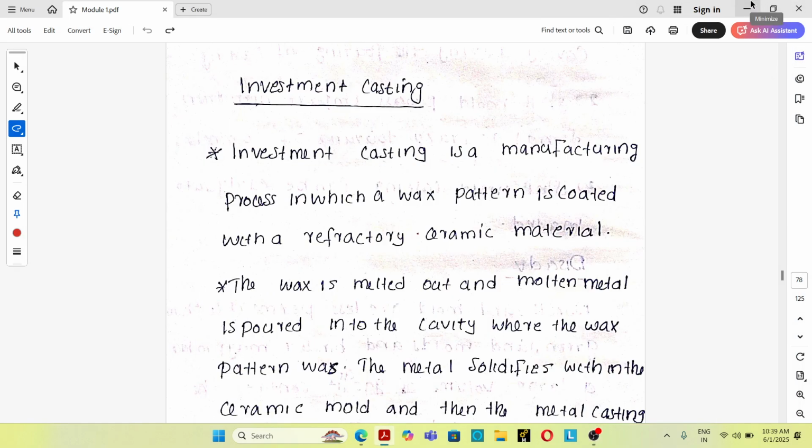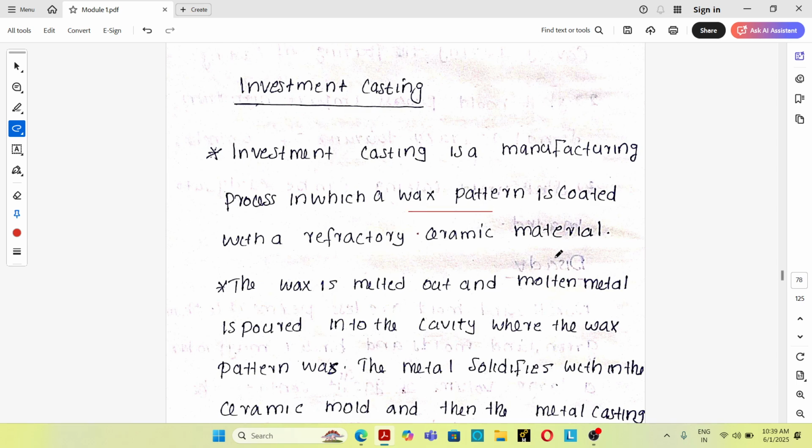In this video, I am going to discuss the investment casting process. The investment casting process is also known as the lost wax process. The main characteristic of the investment casting process is that a wax pattern is used for making the investment casting mold. Initially, a wax pattern is coated with a refractory ceramic material.